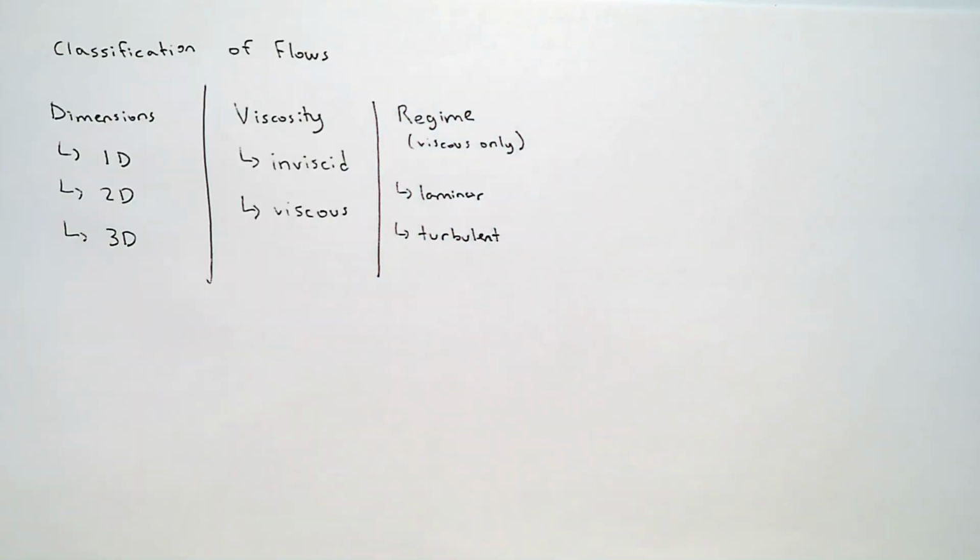Now, laminar flows are pretty much self-explanatory. If you were to look at the flow as layers, then each layer essentially stays contained within itself. In other words, if you were to divide your flow into layers, fluid from one layer will not cross into the other layer. So flow pretty much moves in what's called a laminar motion.